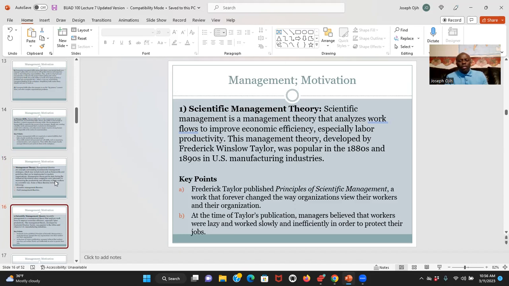This kind of management theory was developed by Frederick Taylor and was very popular in the 19th century, especially among the US manufacturing industries.